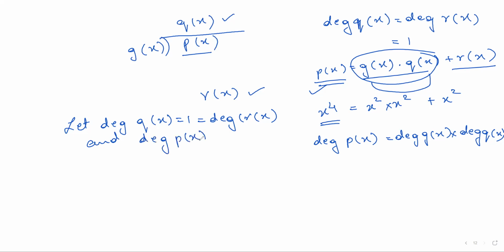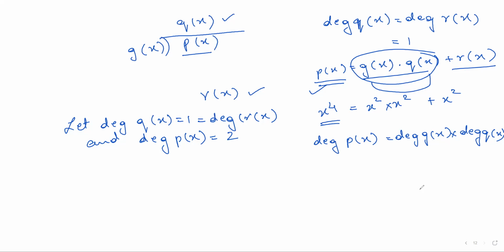Of course, degree of p of x will be either 1 or greater than 1. So let this degree be equal to 3. If you want to take a bigger problem, you can take 3, else you can take 1 or 2. If you take 1, your g of x has to be a constant because its degree has to be 0. Okay, let's reduce it to 2.